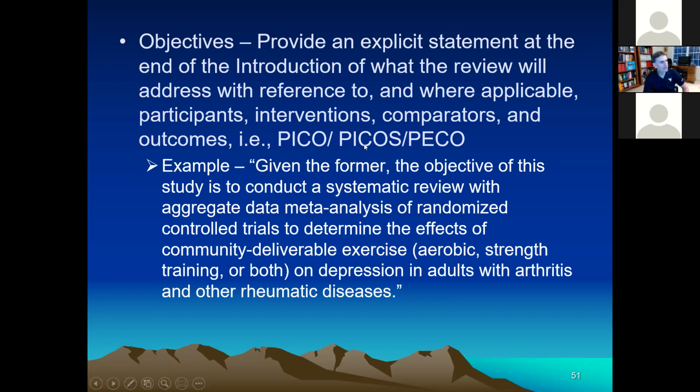And the comparison is going to be within the exercise and control groups. La C tiene que ver con lo que es la comparación que va a ser los casos controlados aleatoriamente. The outcome, in this case, our primary outcome, is going to be depression.